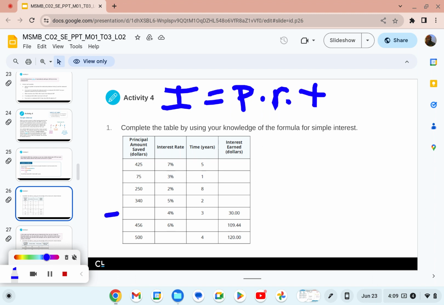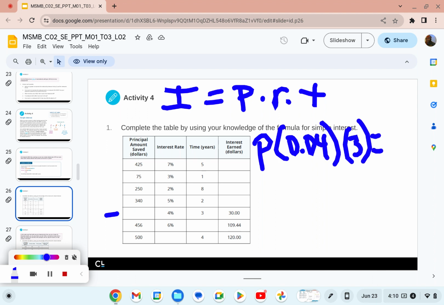So I don't have the principal amount, right? So I am going to go ahead and put in P. And then I do have the rate, which is 4%, and I'm going to write it as 0.04. And then I am going to put in my time, which is times 3.